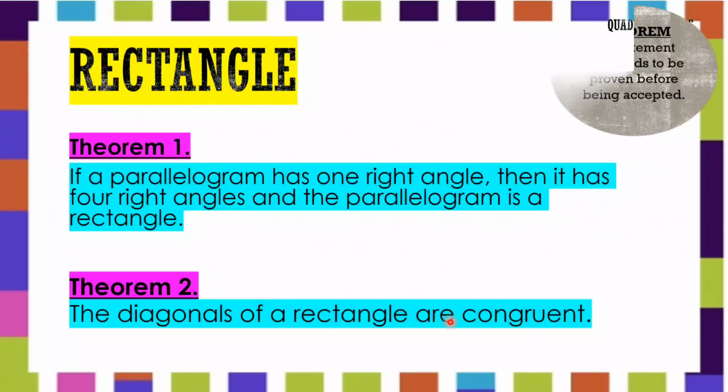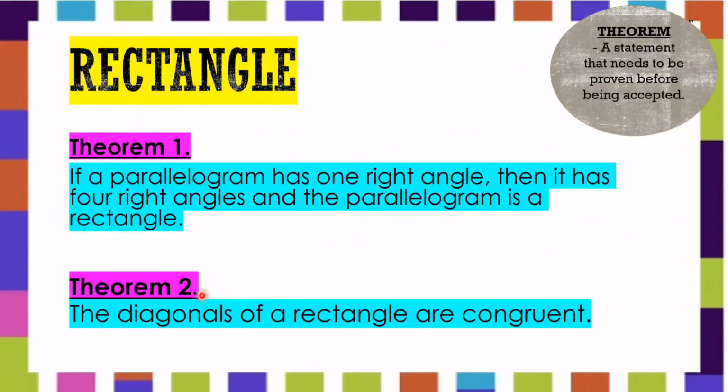And take note that when we say theorem, it is a statement that needs to be proven before being accepted. So, kailangan muna nating i-prove yung dalawang theorem na to bago natin i-accept. Okay? And we need to prove this para magamit din natin sa pagpuprove pa ng mga iba pang given theorems sa mga susunod pa nating topics.